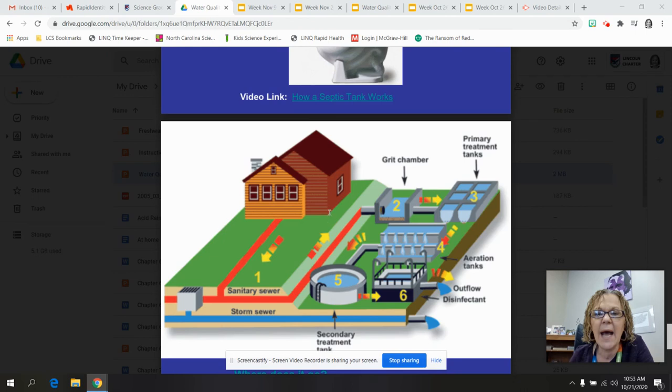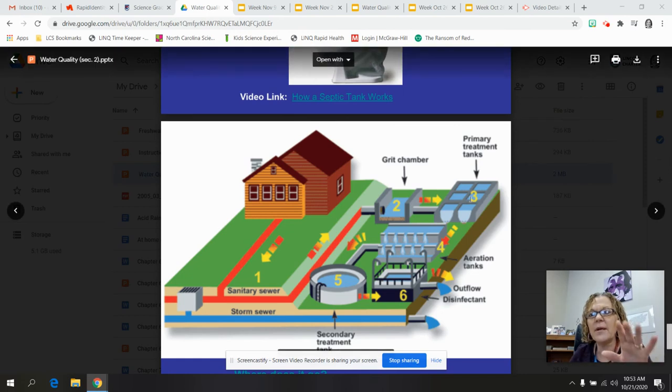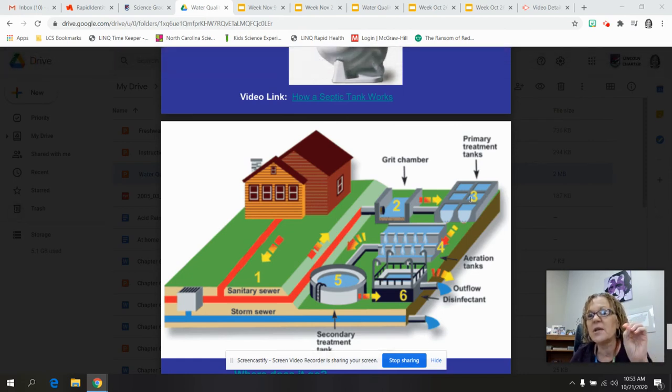Now, what's going to happen is it's going to be piped in, and it goes through what's called a grit chamber, and that's sort of like that settling basin like we were talking about before. And then it's going to go through the primary treatment tanks, where it's going to first filter it and treat it a little. Then it's going to go to the aeration tank, like I was talking about before, where it blows air into it, mainly for taste and things like that, and to get things to settle out.